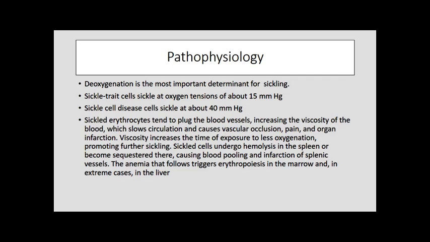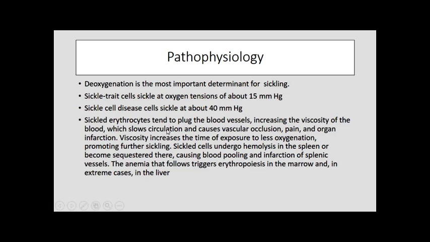So these red blood cells are going to plug the blood vessels and increase the viscosity of the blood, causing vascular occlusion, painful crisis, organ infarction. So it depends on where the thrombus appears, the damage that it's going to produce.